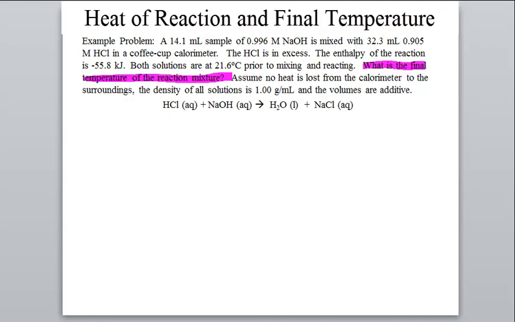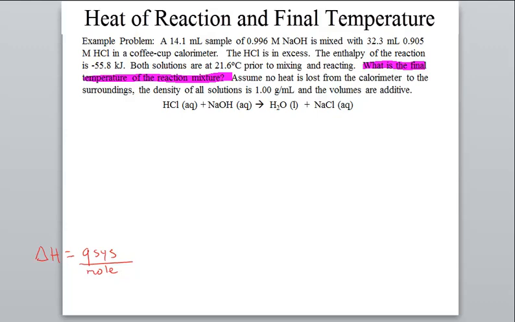So the two main equations: delta H, the enthalpy change, equals the Q of the system divided by the moles that actually reacted. So that's an equation. And we also have our Q equation, our Q of the surroundings equation. And remember, we're assuming that the surrounding material is the water.